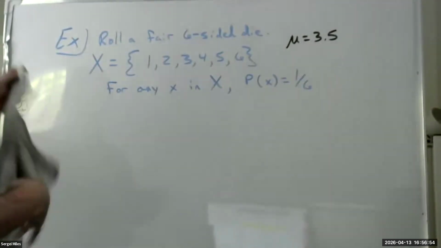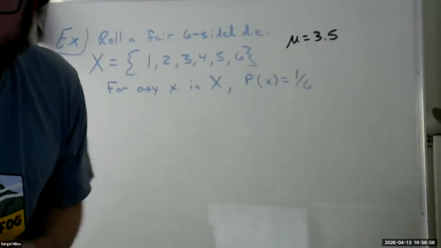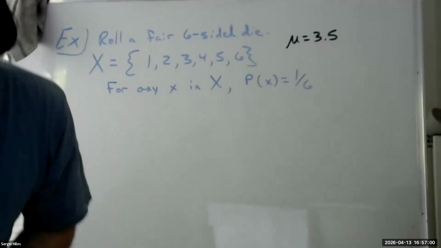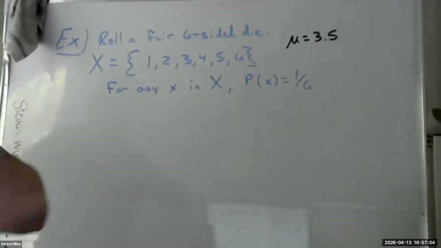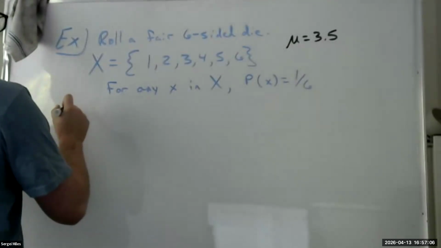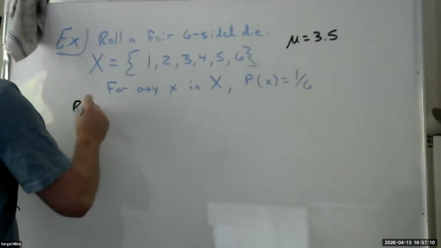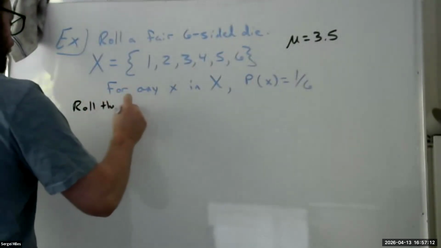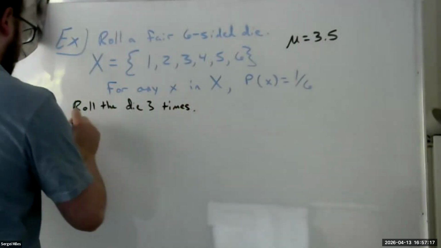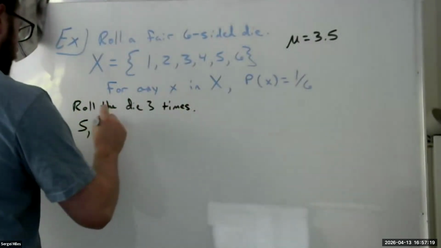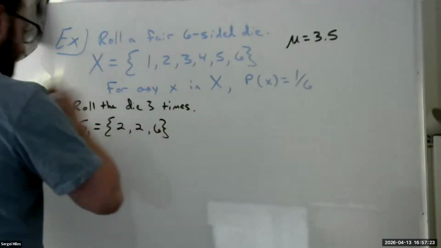And this is coming to us from section 6.1. So maybe I have one sample where I'm going to roll the die 3 times. And I get a sample where I have 2, 2, and 6.